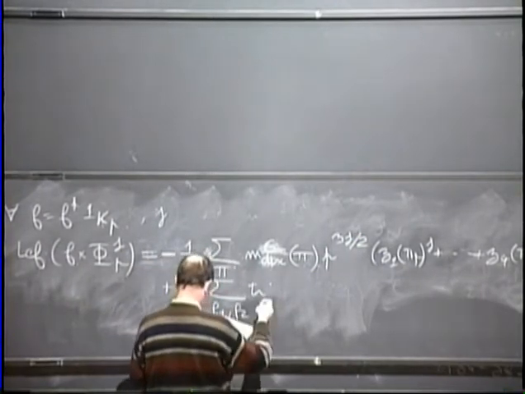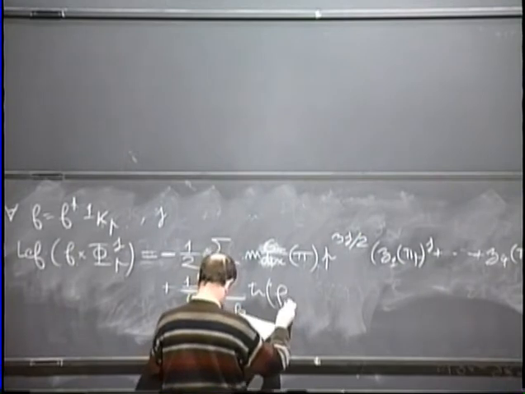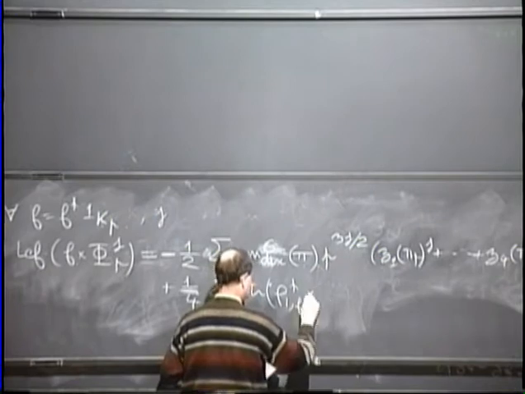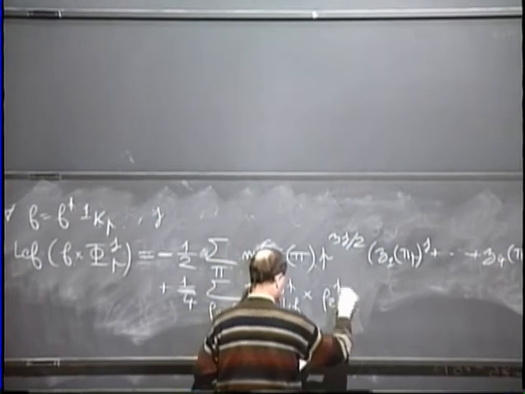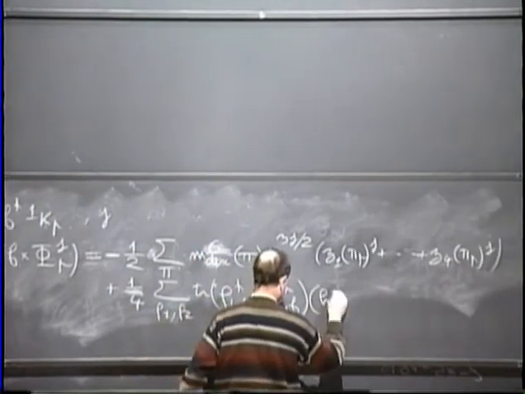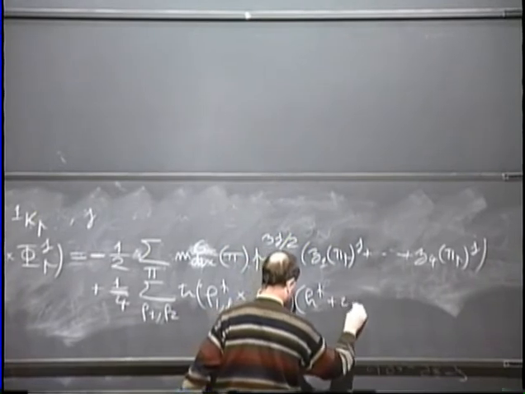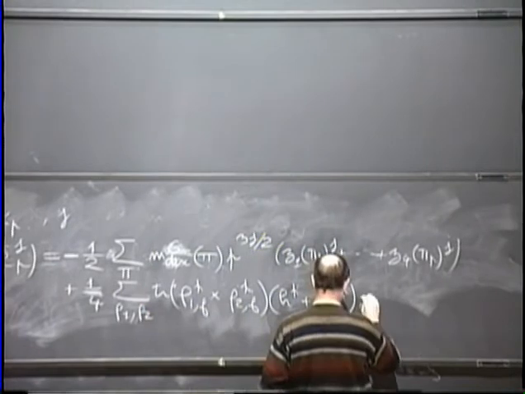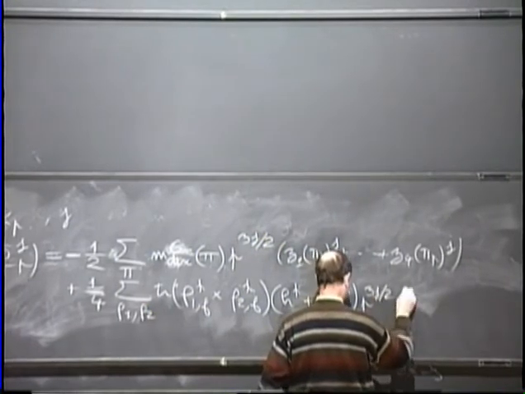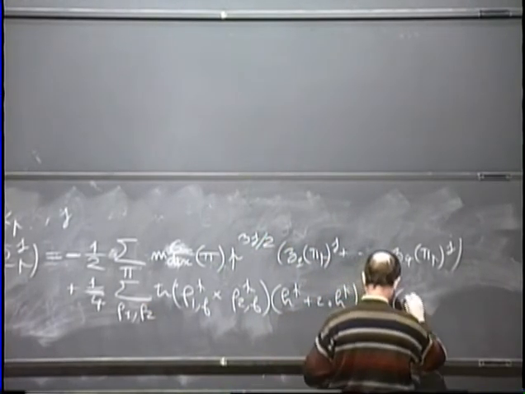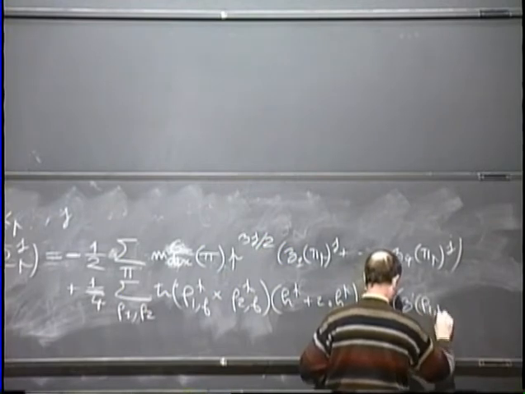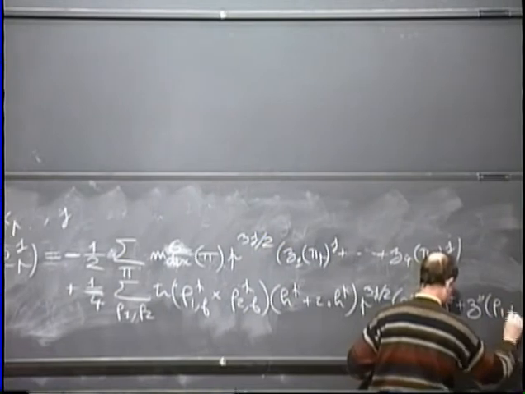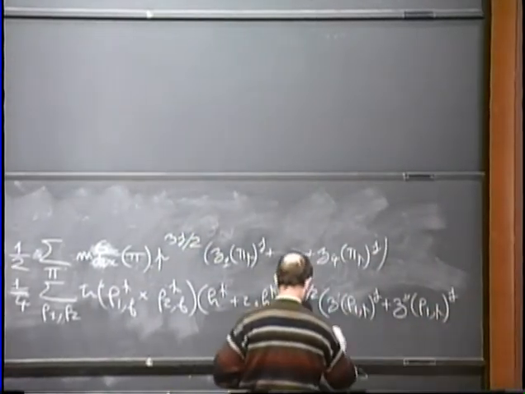So I will say what are pi and the rho. Here it's similar, but not quite the same. So there is a minus somewhere.